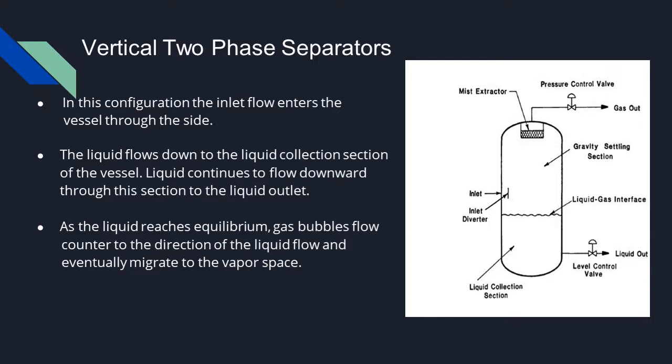Not only this, I would also like to mention some functions of the mist extractor. When we are selecting a mist extractor for our vessel, some things we have to keep in mind are the size of droplet the separator must remove, the pressure drop that can be tolerated in achieving the required level of removal, susceptibility of the separator to plugging by solids if solids are present, and liquid handling capacity of the separator.